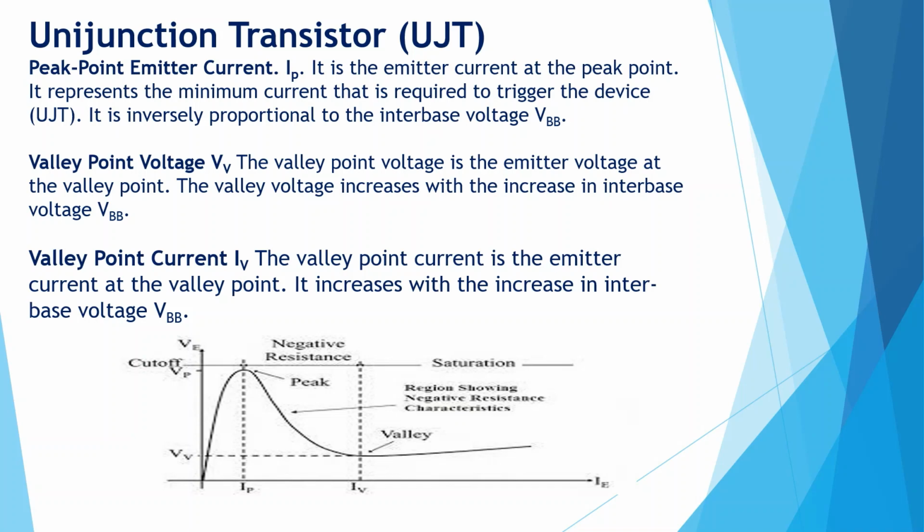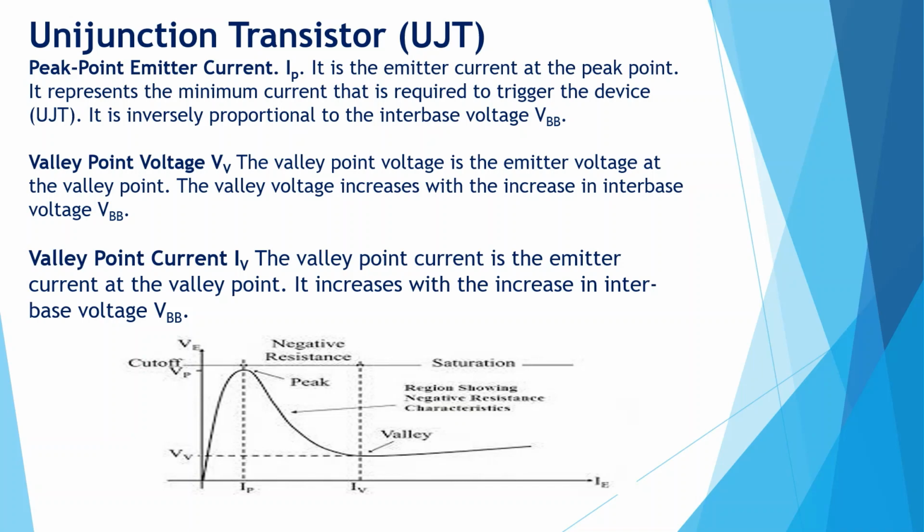So the figure shows the static emitter characteristic, which is a curve drawn between VE, the emitter voltage, and IE, the emitter current, of a UJT at a given inter-base voltage VBB.